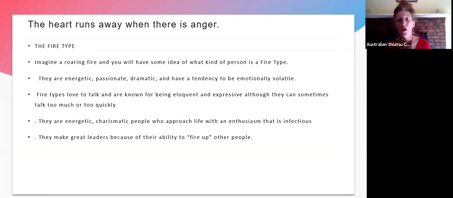Emotional, being passionate and energetic and dramatic, volatile just becomes more the dominant way of moving. And so that's where, again, just working with these qualities of charisma, great leaders, people who've got the ability to fire up other people, but they might not be there to actually sustain the long haul of the work that needs to be done.